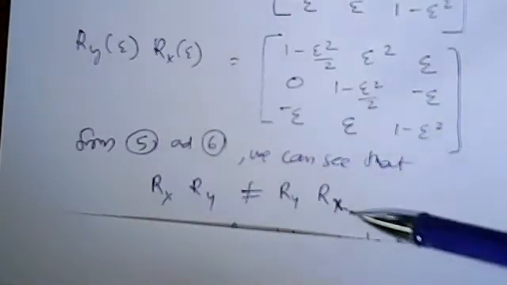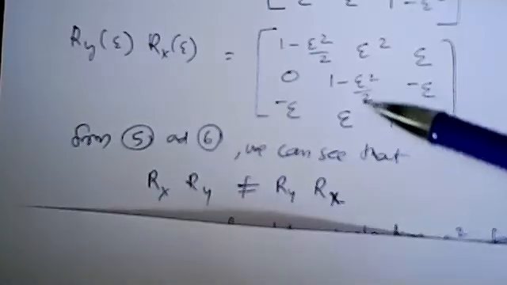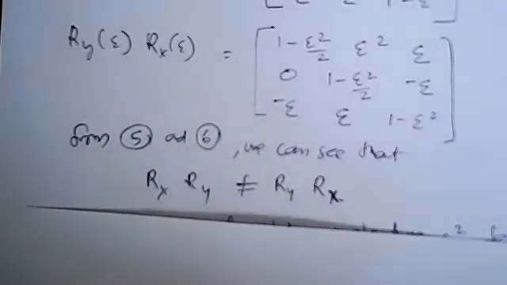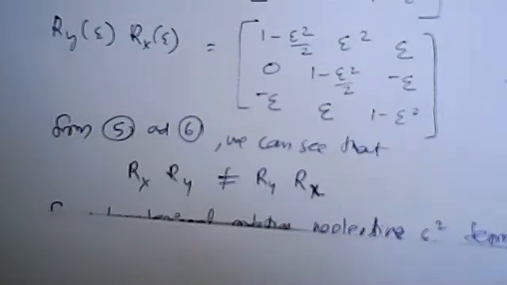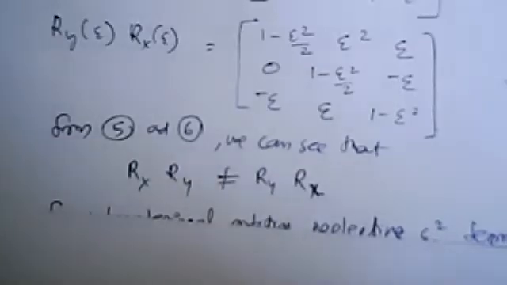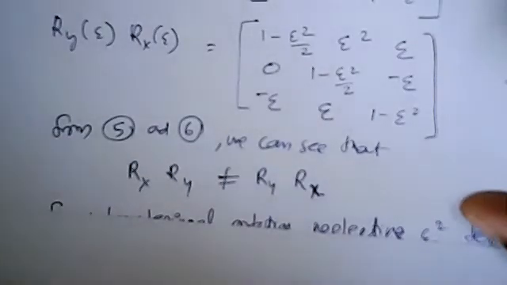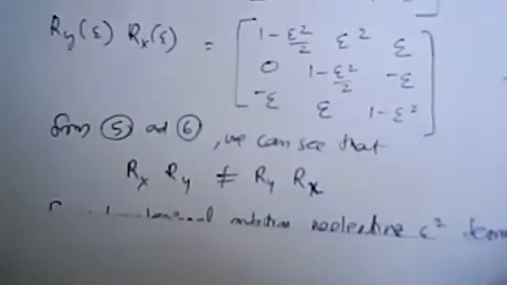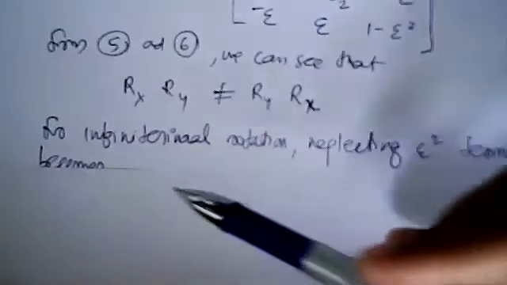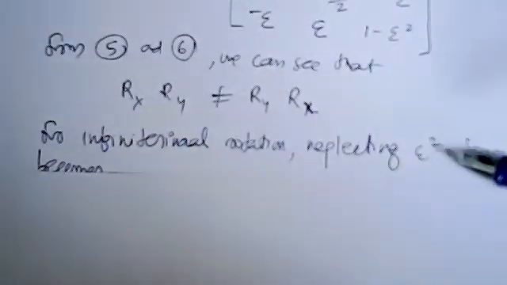But we make one more assumption. We are going to neglect the epsilon square. Let us see what the result is. How can we neglect epsilon square? You again assume that the rotation is very small, infinitesimally small. Then you can neglect epsilon square. So we are considering infinitesimal rotation by neglecting the epsilon square term.